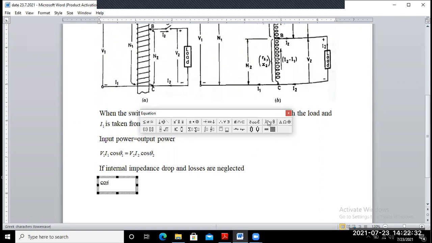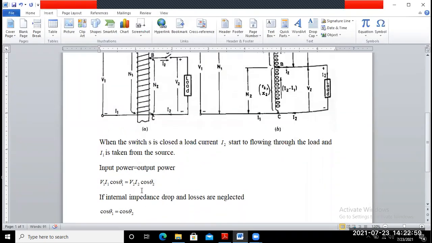Cos theta 1 equal to cos theta 2. So if you put cos theta 1 equal to cos theta 2 in this equation, you will get, you may mark this equation as equation number 1.